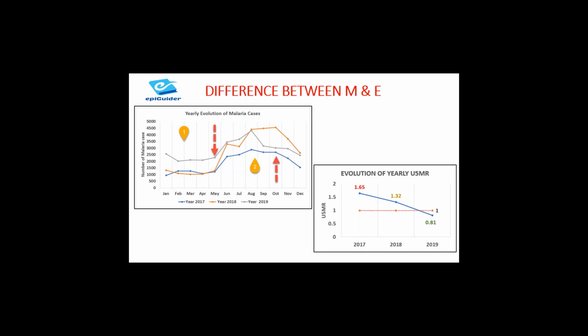The primary objective of monitoring is for tracking in order to have an oversight of project activities. With evaluation, the primary objective is to have an assessment of program activities.